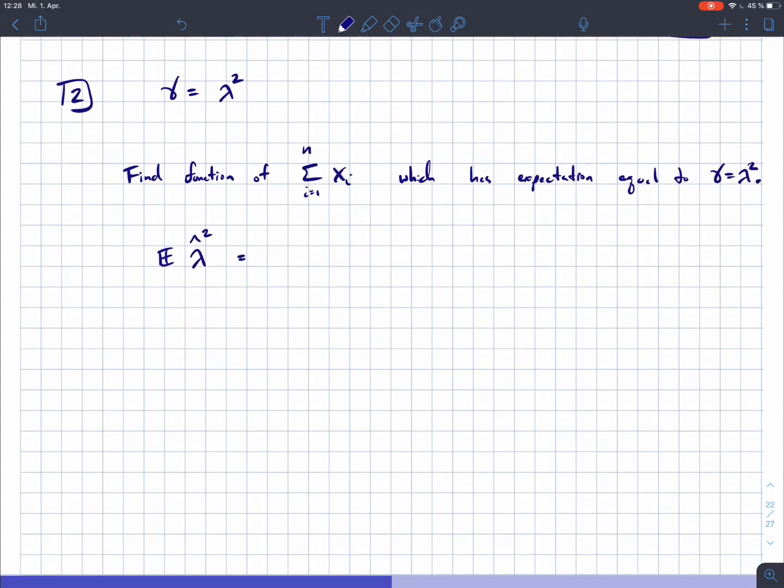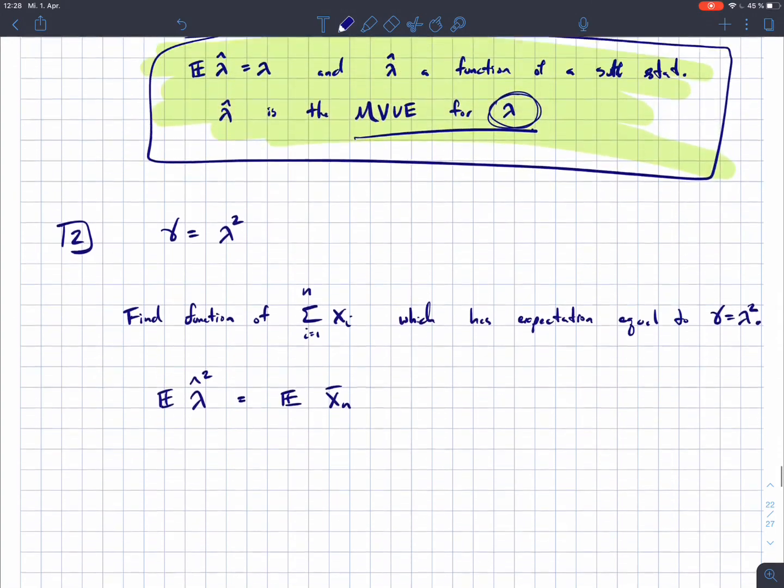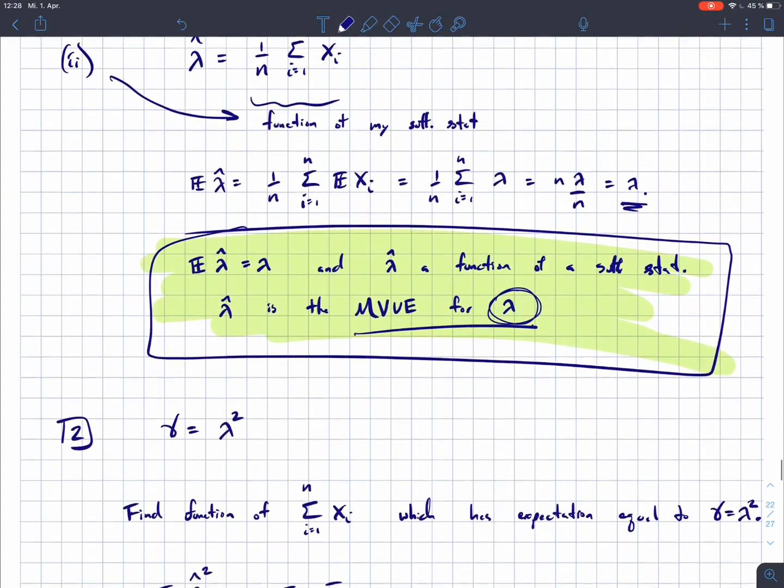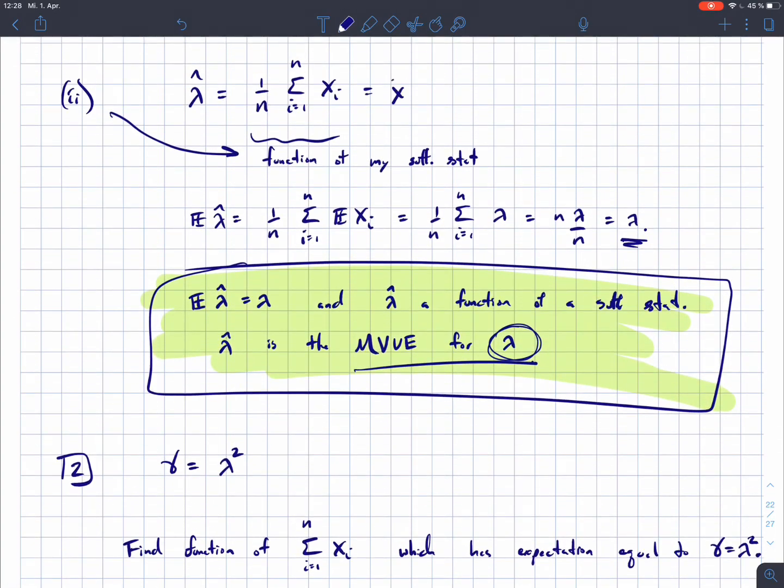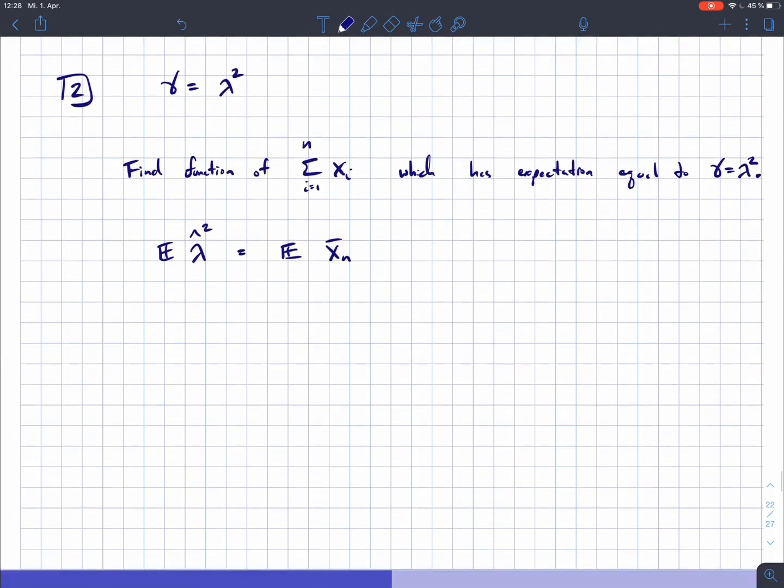But let's see if we can compute this. So this is the expected value of basically x bar. Okay, we defined our lambda hat as just x bar, right? So x bar squared. How in the world do we get the expected value of x bar squared?